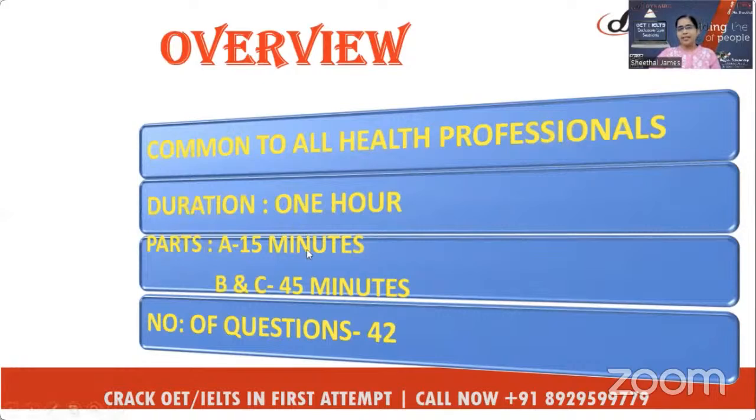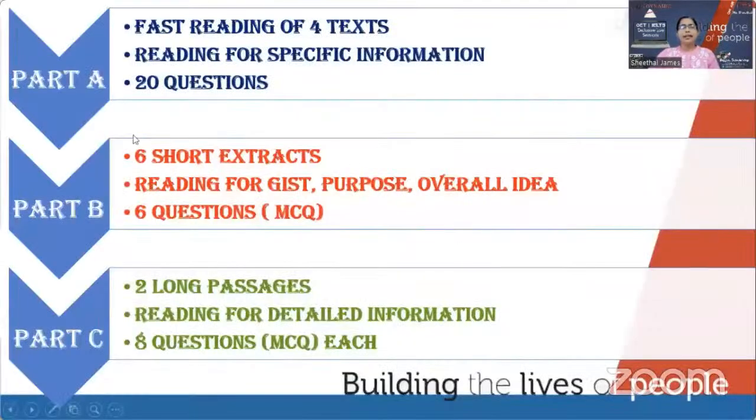There are 3 parts, Part A, B, and C. For Part A, you will get 15 minutes to complete, and for Part B and C together, you get 45 minutes. There are 42 questions in total.